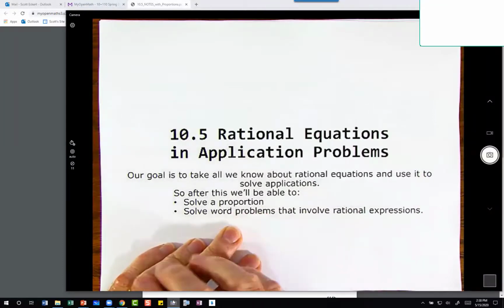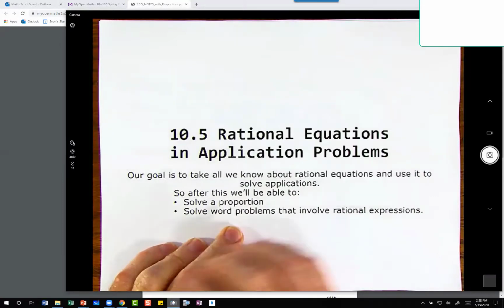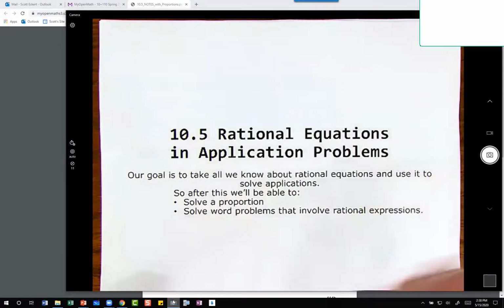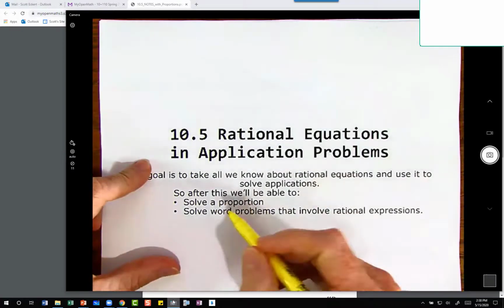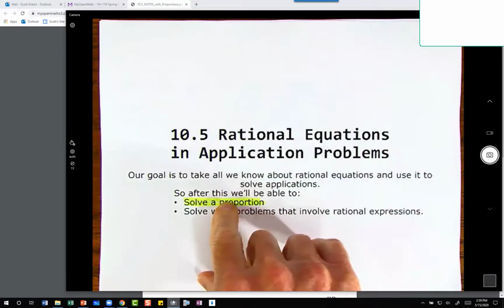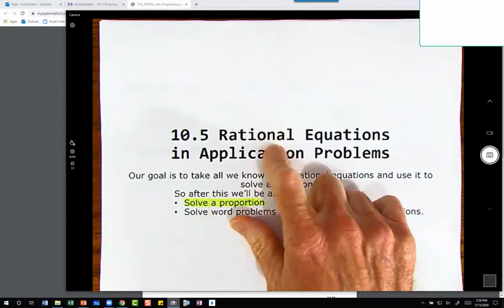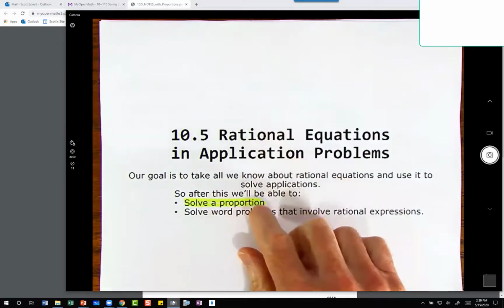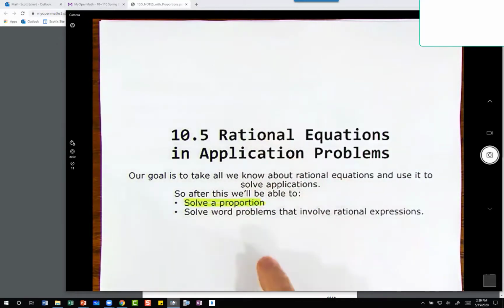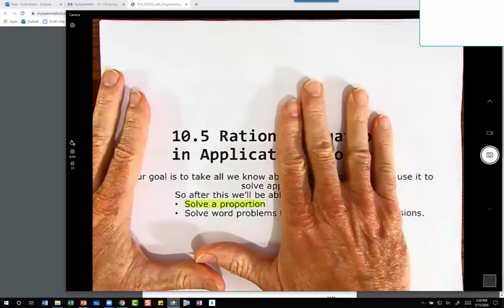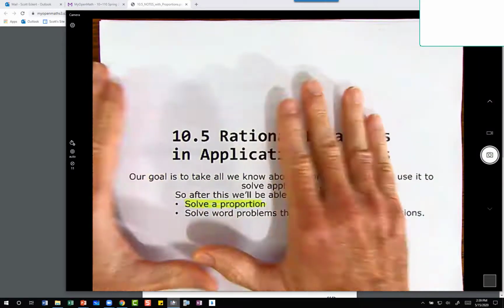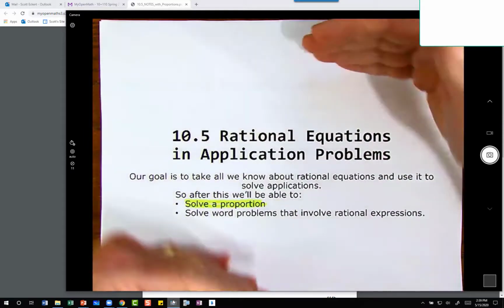But we're going to take a little bit of a detour here because the book underemphasizes the really important kind of equation problem. A rational equation that's a proportion. And that is a type of algebra that almost everybody does. My daughter is an artist and she has a painting and she wants to scale the painting up to a much bigger size.